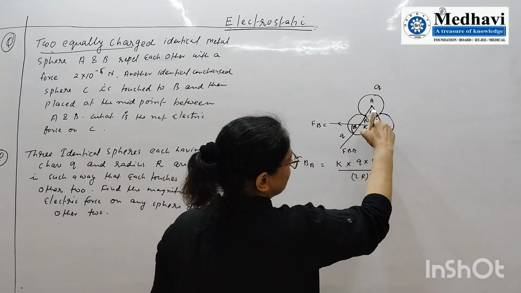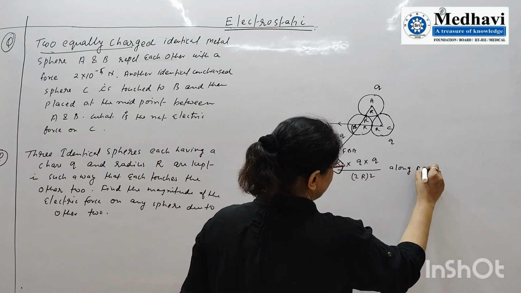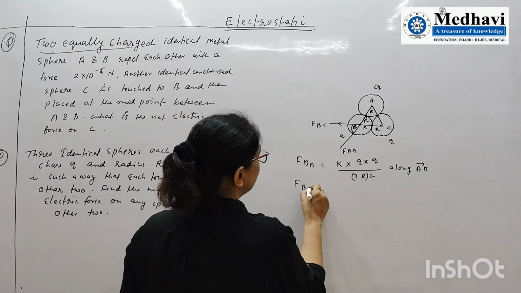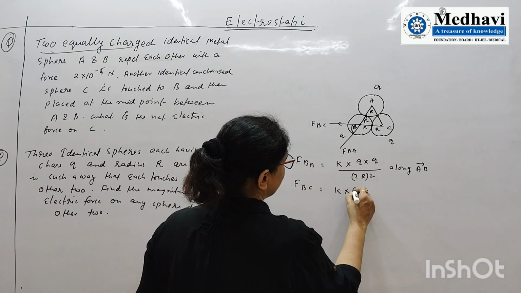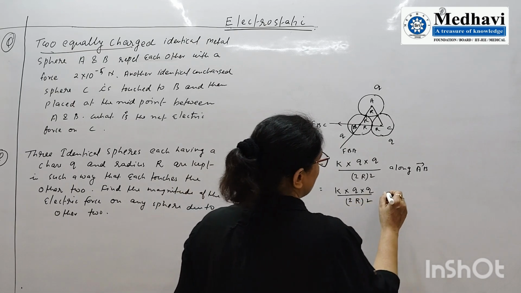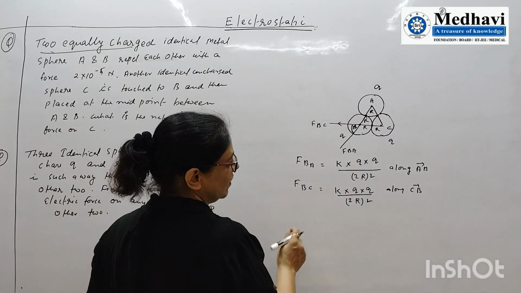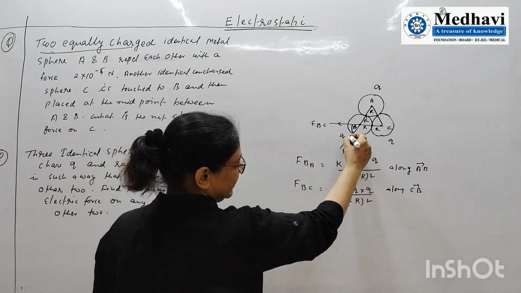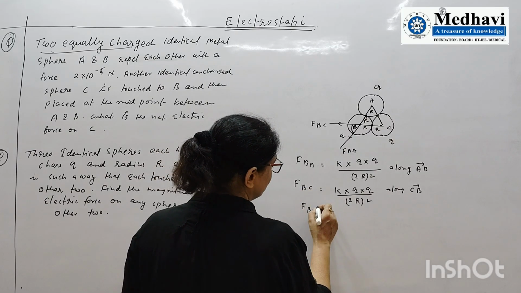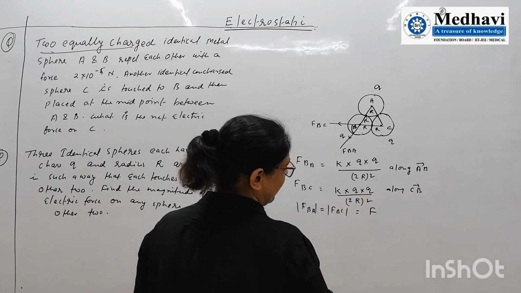As both charges are of the same nature, this is along AB, from A to B. Another is the force on B due to C, this will be K, charge on B, charge on C, and the distance again 2R whole square, along CB. So these two forces are equal in magnitude and have different directions. We will assume the magnitude as F.